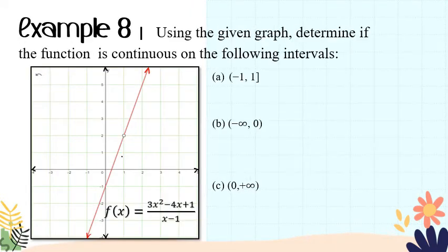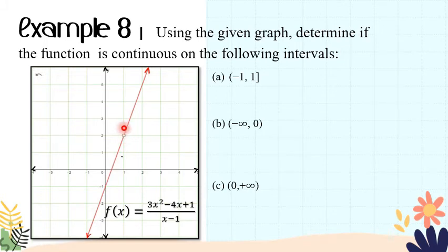Next, let's have this one, example 8. Now here, our given is a rational function, and this is the graph of our rational function, in which clearly we can see that at x equals 1, there is a hole on the graph. Alright, so we must be careful. Now, letter A, from the interval not including -1, but including +1.